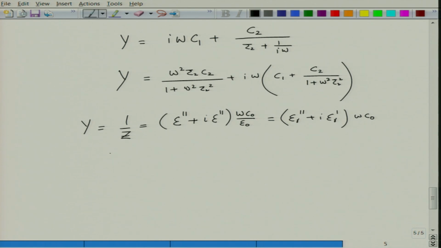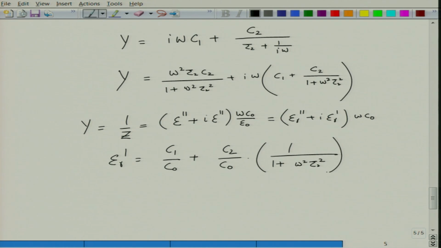So, what we will get is, for epsilon r prime, C1 divided by C naught plus C2 divided by C naught into 1 over 1 plus omega square tau 2 square, and epsilon r double prime will be C2 divided by C naught into omega tau 2 divided by 1 plus omega square tau 2 square.